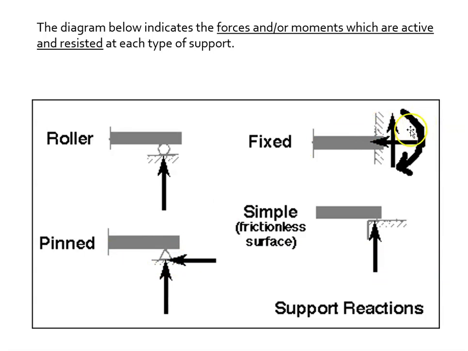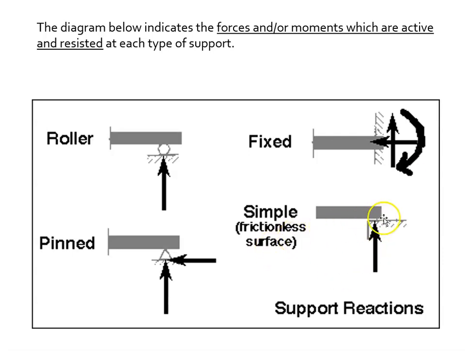Fixed connections will stop all types of movement, both horizontal and vertical, and they resist moments as well, the tendency for something to turn. A roller would simply allow this beam to move about it. Same with the pin, actually. It's not going to move left and right, up and down, but it will allow some rotation. All right, so the fixed is the most firm of them all.